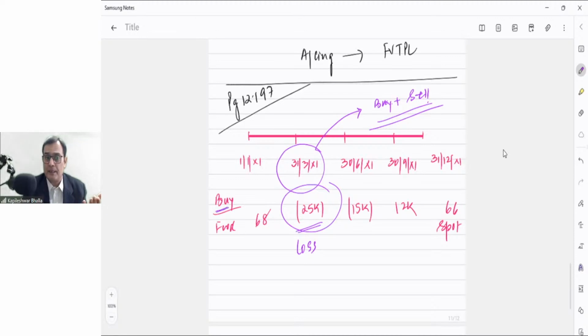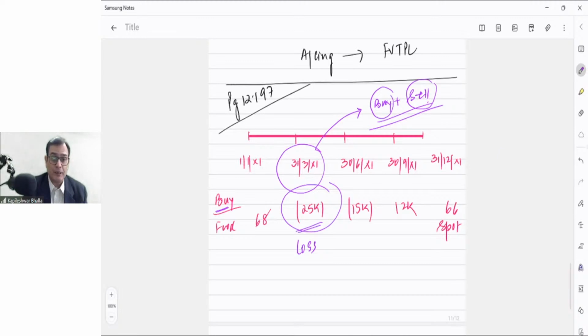Originally, we entered into the contract to buy. So when on a balance sheet date you do a squaring off, you need to take an opposite position. If I buy at the rate of 68, then you will sell at the rate prevalent on 31st March, a forward contract on 31st March which would have the same maturity date as the original contract.